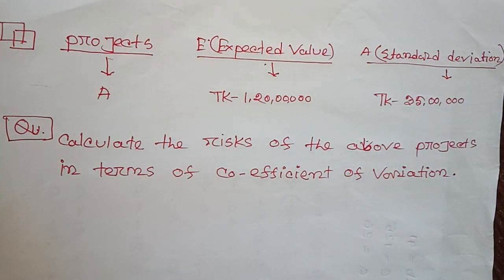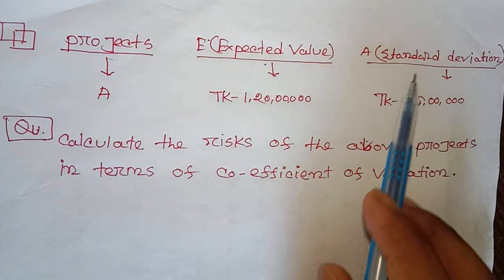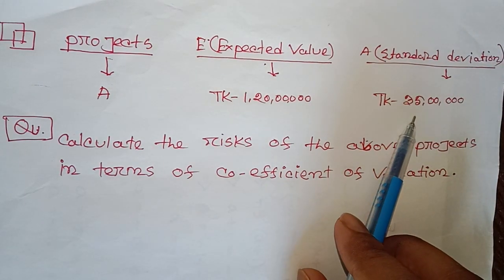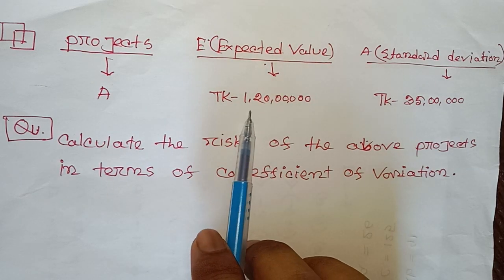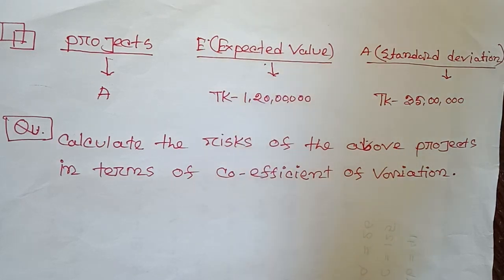So we can see the standard deviation is 35 lakh and the expected value is 1 crore and 20 lakh.